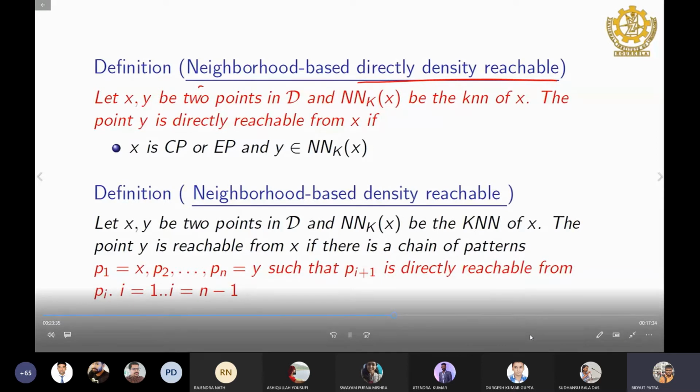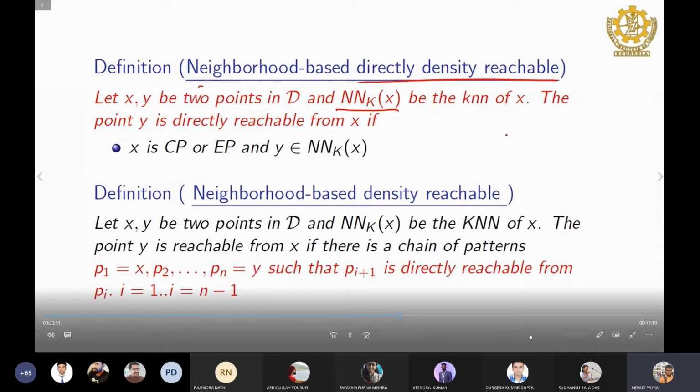What is that? Let x and y be 2 points in the data and NN x be the kNN of x. The point y is directly density reachable from x if x is a core point or even point and y is in the k nearest neighbors of x. It is very simple.